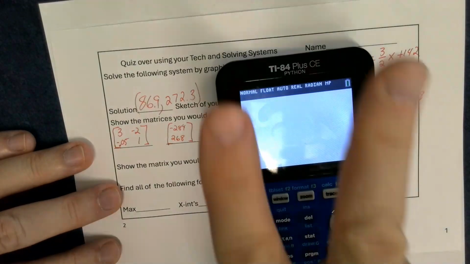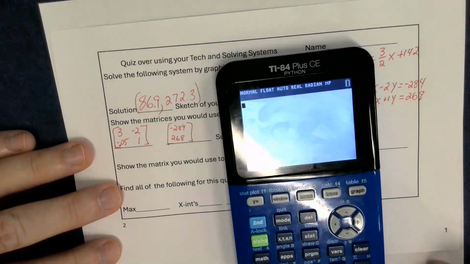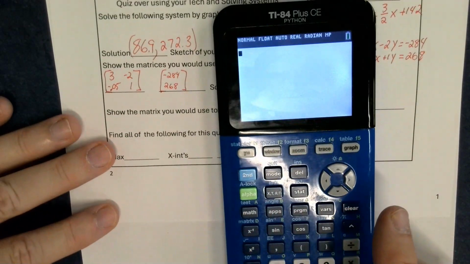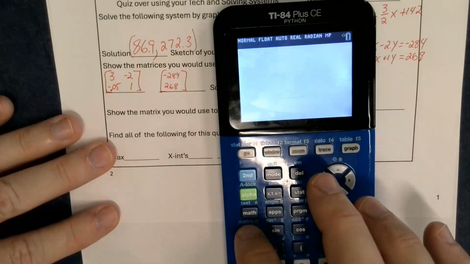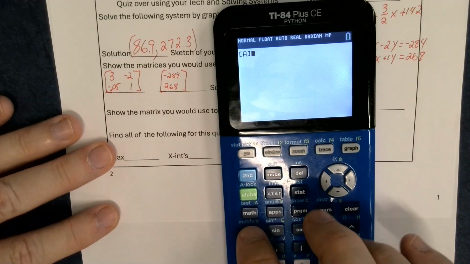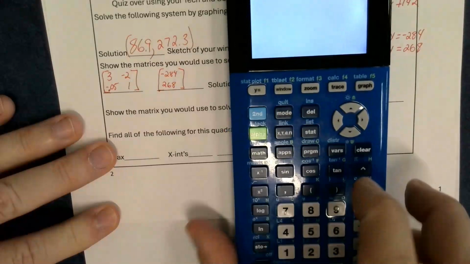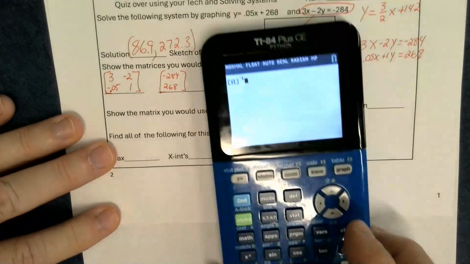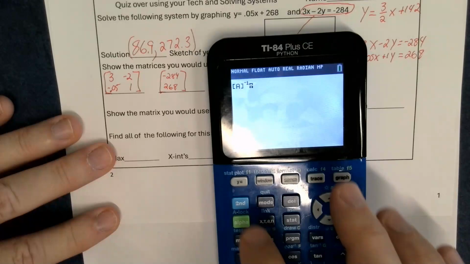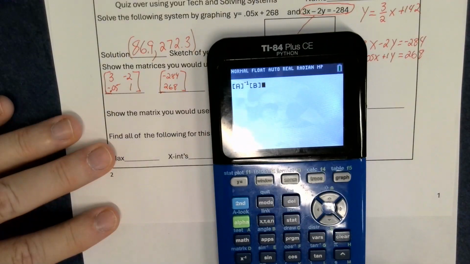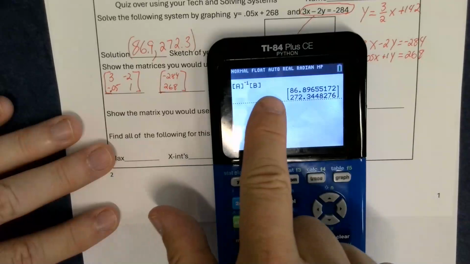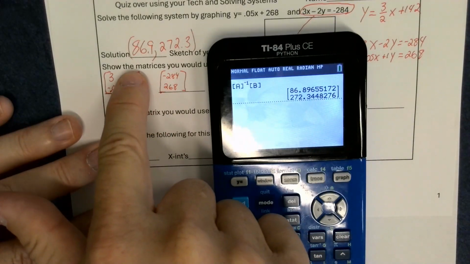I have the 2 matrices in there, and I need to do A inverse B. So here we go. Second matrix A, inverse key, that's a little x to the -1 key right there. And second matrix B. And when I hit that, I should get the exact same answers that I got when I graphed.